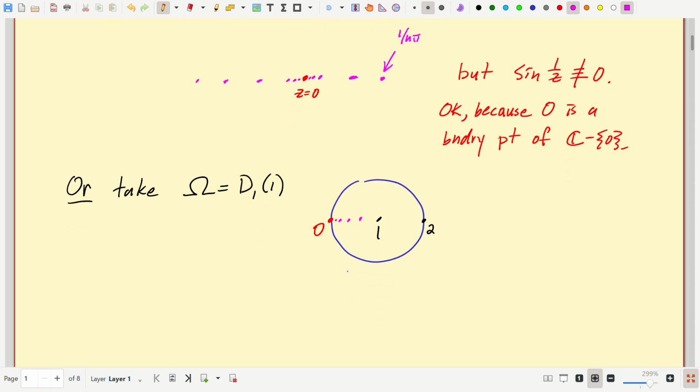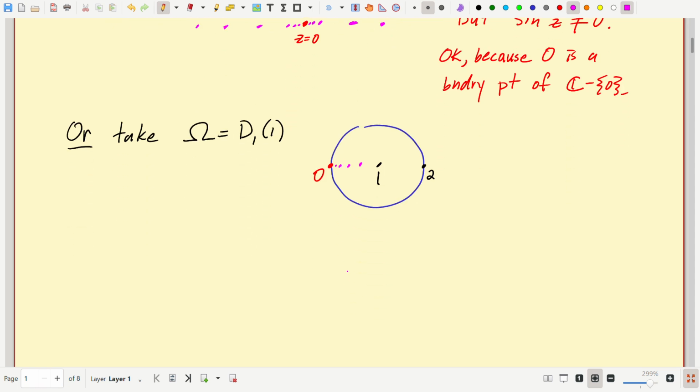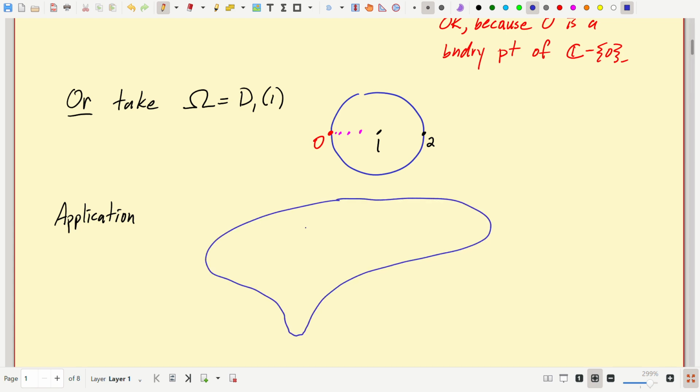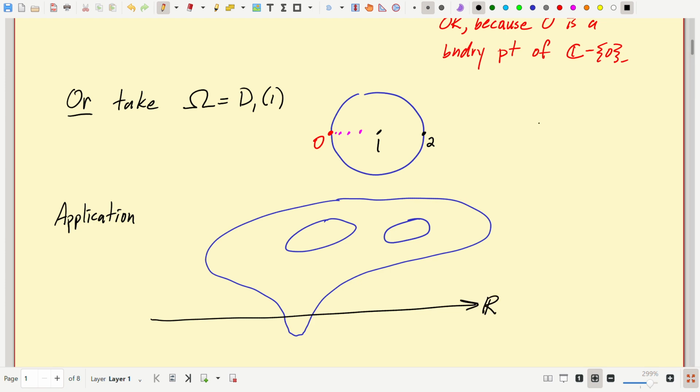And let's see, before break, the big application I showed you was that, here's an application. Let's suppose I have a domain that intersects, it could have holes, and let's say it intersects the real line on, could be a very small segment. So here's my omega.